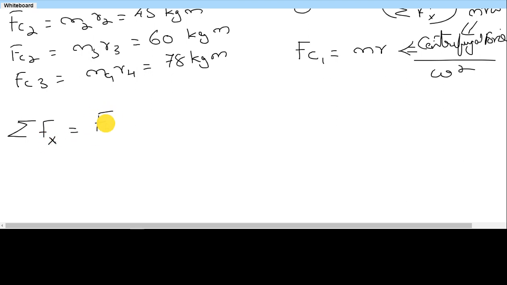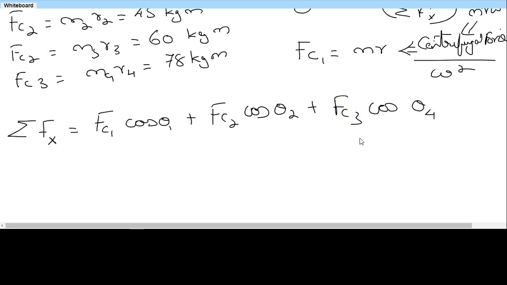So it will be Fc1 cos theta 1, since horizontal components are cos components, plus Fc2 cos theta 2 plus Fc3 cos theta 3 plus Fc4 cos theta 4.